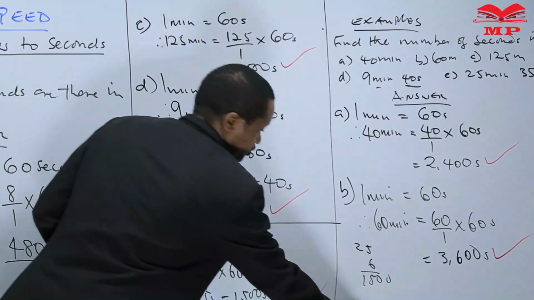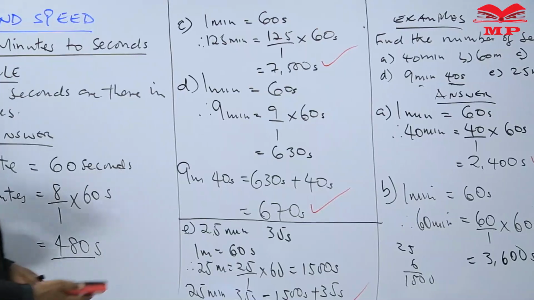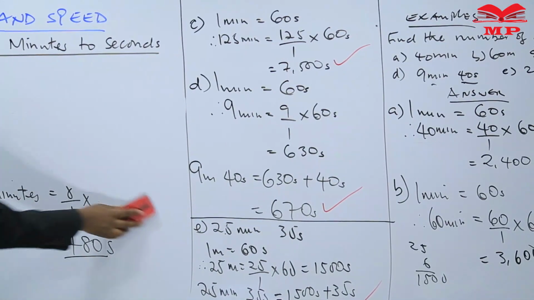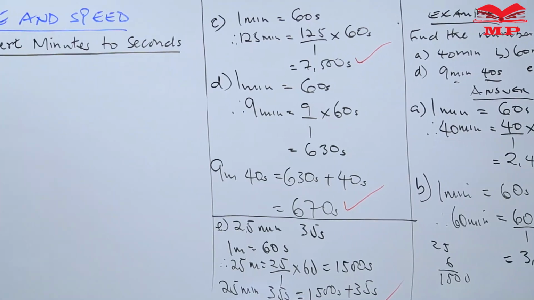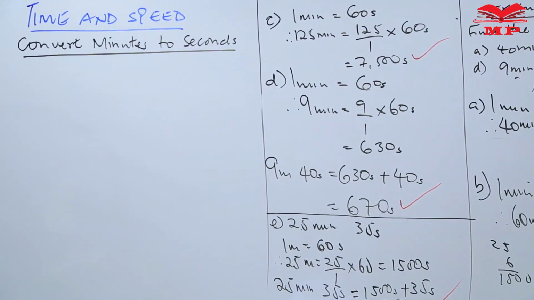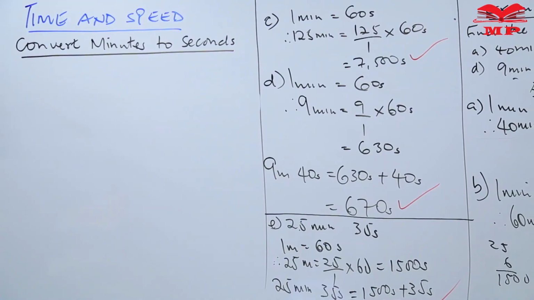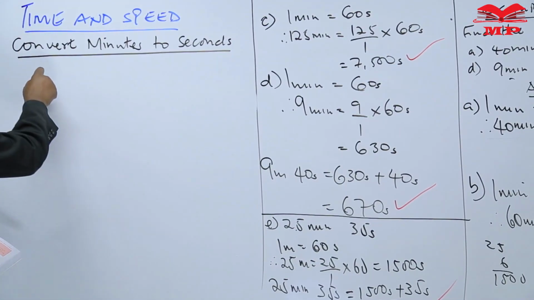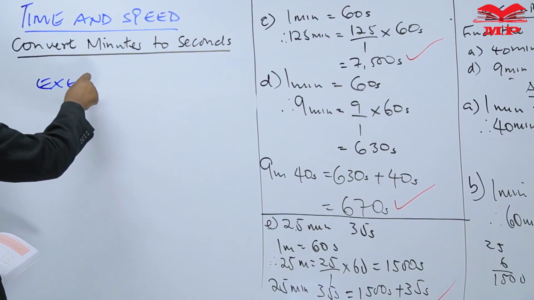Before we come to the end of this class, as it is our custom, I'm going to give you an exercise. Go to your book on page 152, exercise 97.